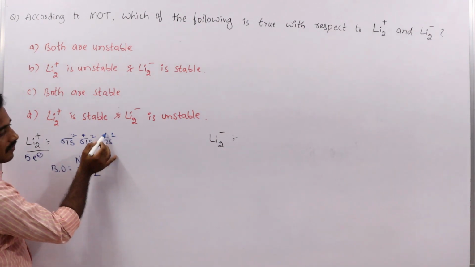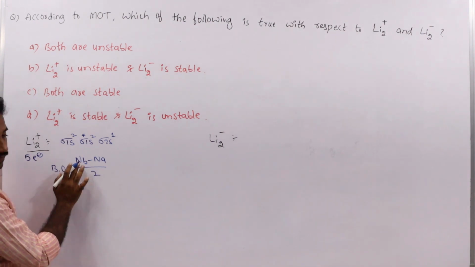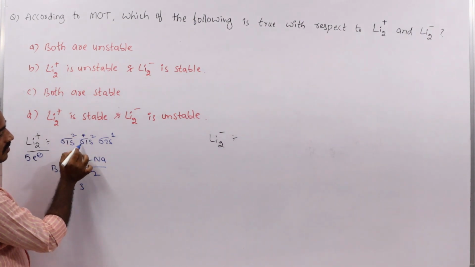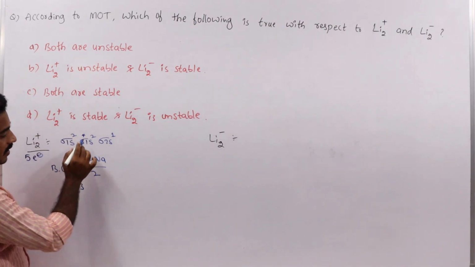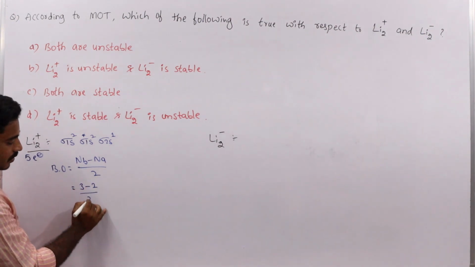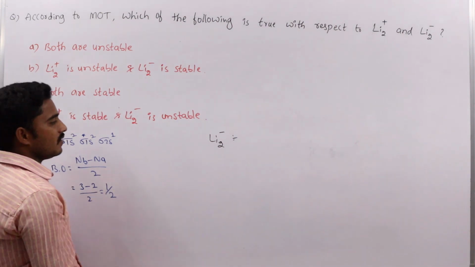This is also a BMO, so 3 electrons in the BMO, and sigma star 1s2 is an anti-bonding molecular orbital, here 2 electrons. So (3 minus 2) by 2 is 1 by 2.